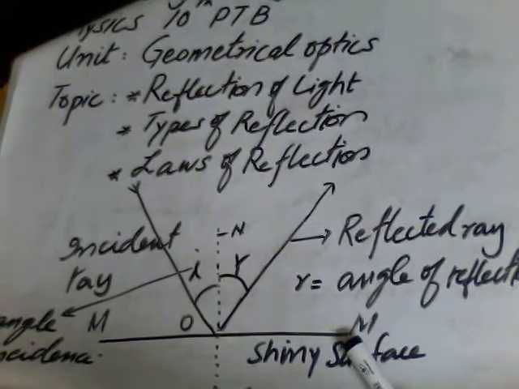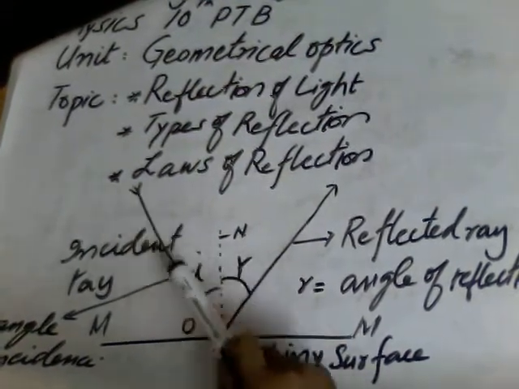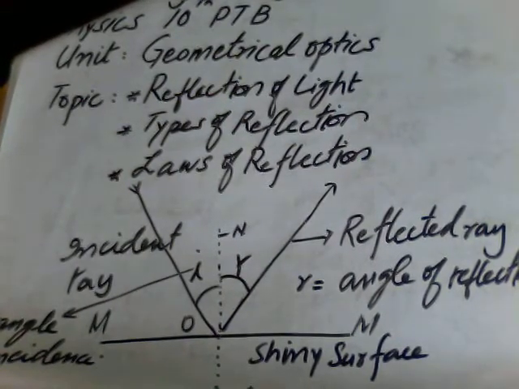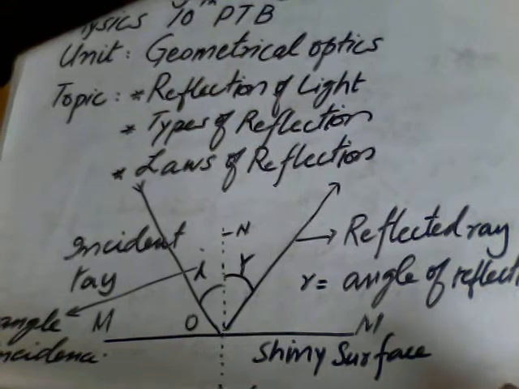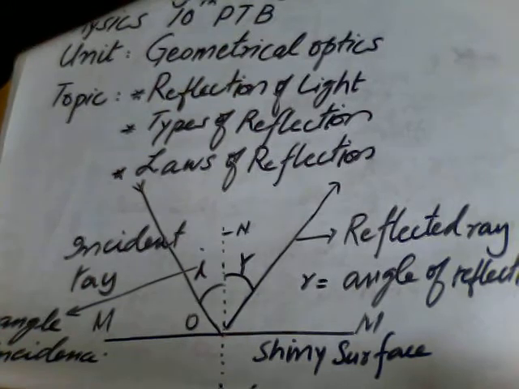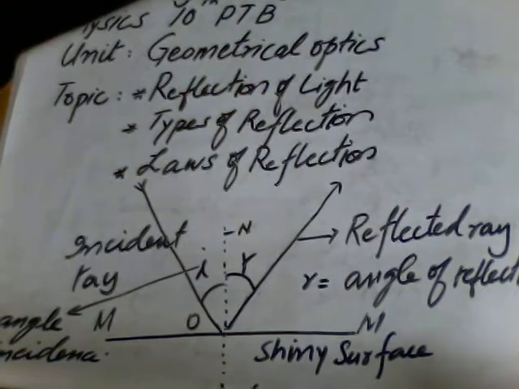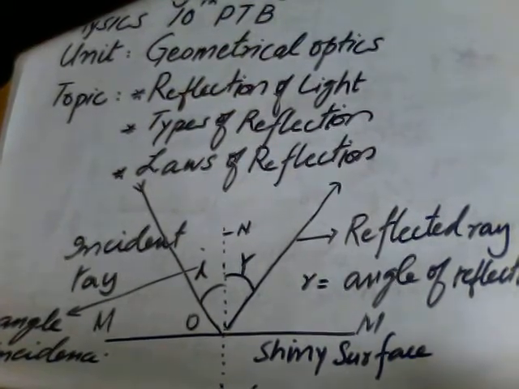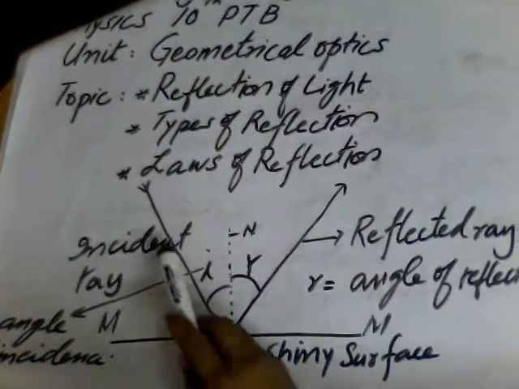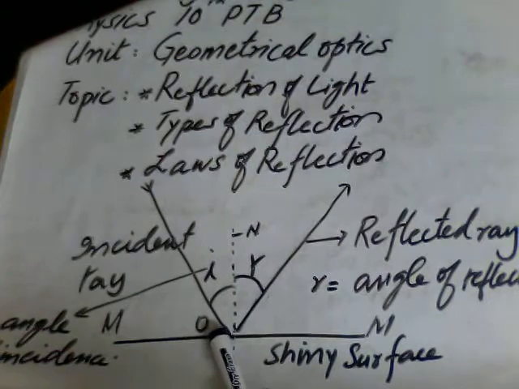And we suppose one ray of light. Actually, light is not considered one ray; it is a bundle of rays, a beam, thousands, millions, billions of rays. But here, just to study and learn, we consider only one ray of light.